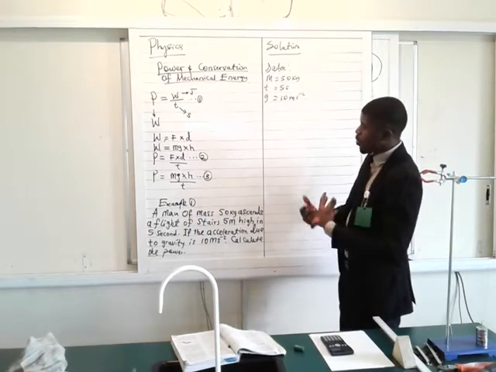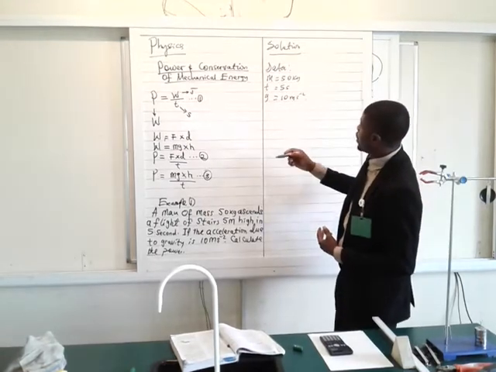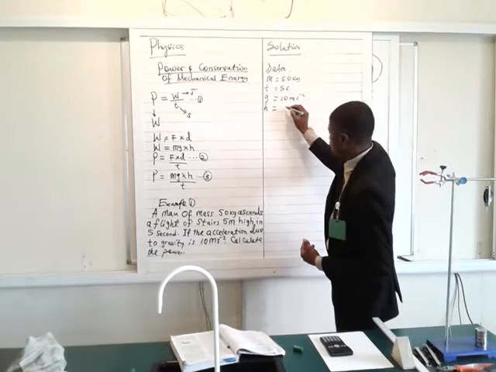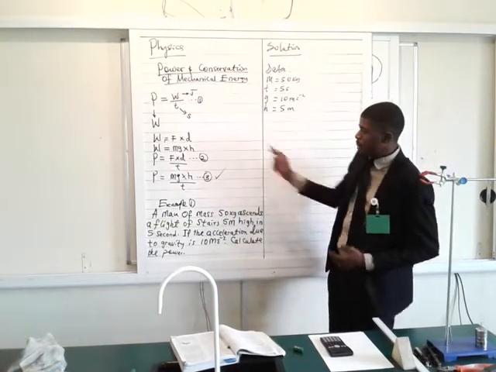Now, which equation do we go with? Of course, oh, we forgot something, the height. The height h is also 5 meters. So we go with equation number 3.